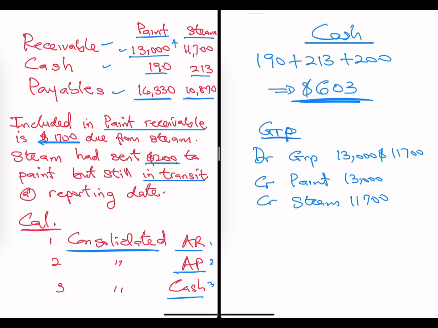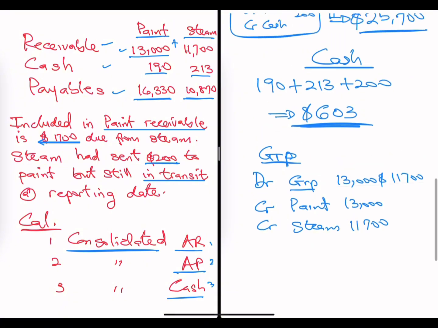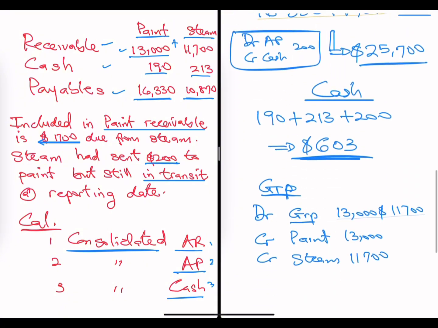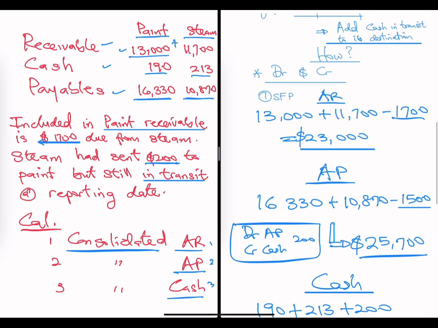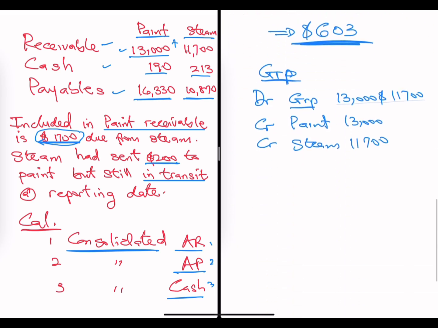However, it's not going to stop there. This is just moving the balance to the group account. There's an adjustment that needs to be done inside this receivable. The question says there's 1,700 that must be eliminated. So to eliminate it, we need to take it out of that 13,000.